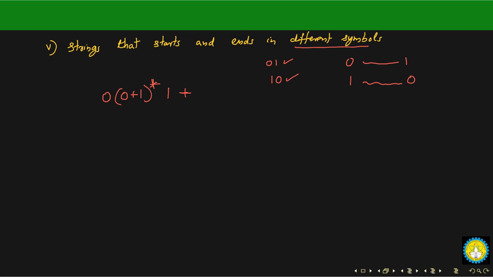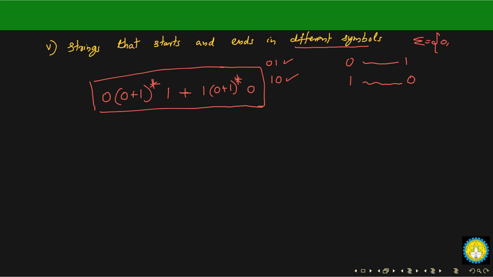Then you have a string starting with 1, then you can see anything, and then ending with 0. This would represent all the strings that start and end with different symbols. Remember, our alphabet set contains only 0 and 1.